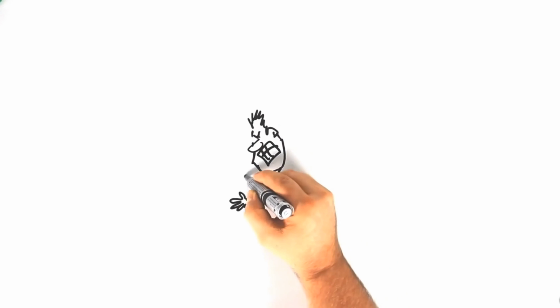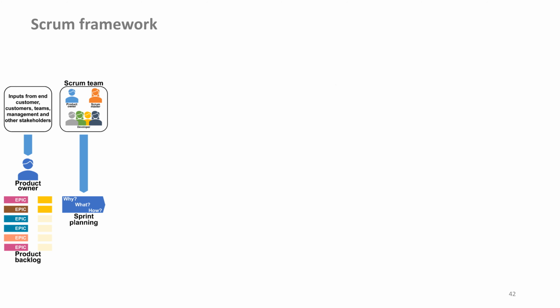Each sprint starts with a sprint planning event, in which the Scrum team decides together with the product owner what we want to implement together in the next sprint.